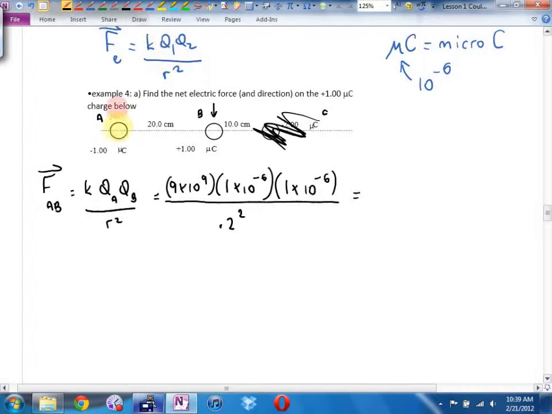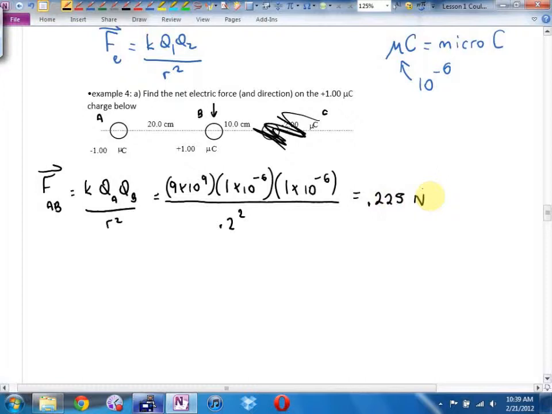Charge 1, 1 microcoulomb, 1 times 10 to the negative 6. Charge 2, 1 microcoulomb, 1 times 10 to the negative 6. Divided by, how far apart are they? 0.2 squared. And you get 0.225 newtons. That's the magnitude.